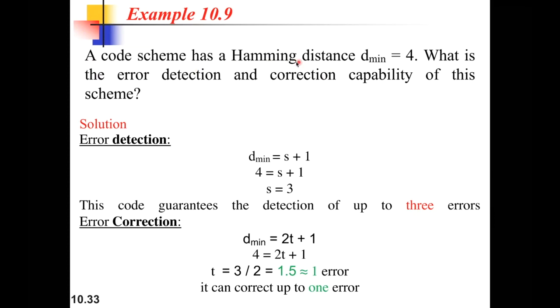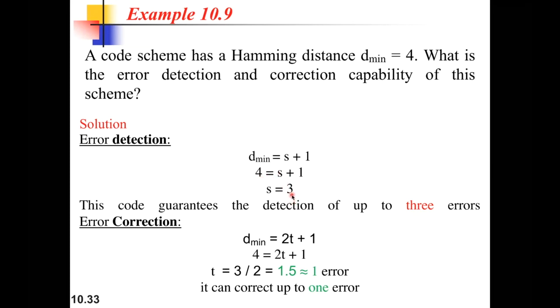A coding scheme has a Hamming distance D min equal to 4. What is the error detection and correction capability of this scheme? First of all, we will solve it for error detection. The formula for error detection is D min equals S plus 1. What is D min here? D min is 4. So 4 equals S plus 1. What will be S?